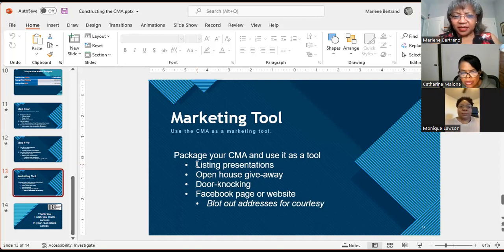You're handing them this piece of paper that has all that information on it, and then they can decide what they want to offer and what they want to list their house at. Makes sense.